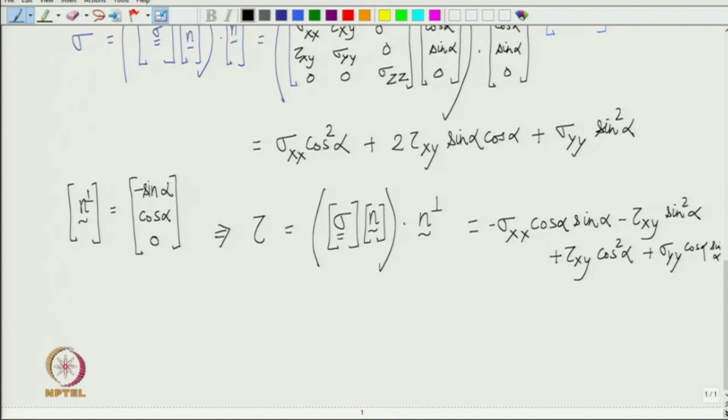Okay. So, you work it out, put all the values and this is what you will get.